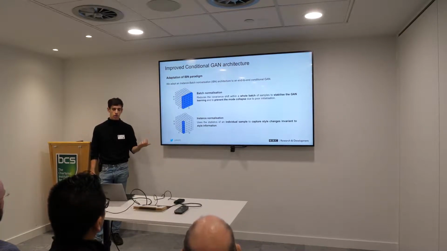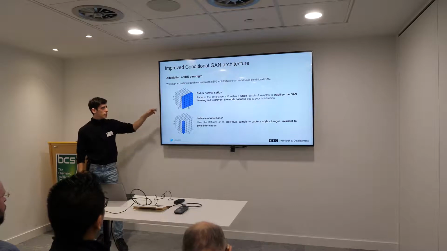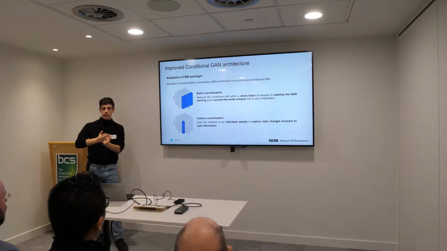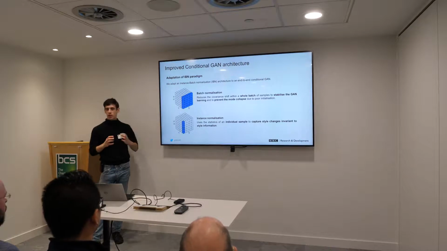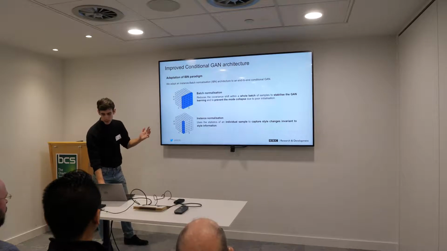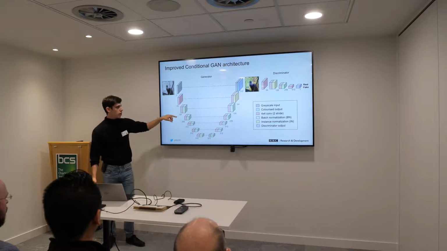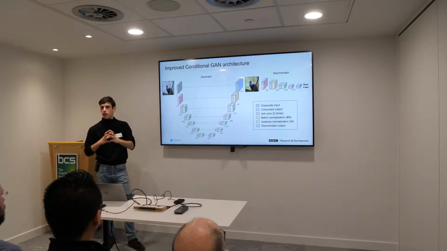So we apply batch normalization to stabilize the training, but we also apply instance normalization, in which instead of learning covariance in a batch of samples, we learn spatial patterns of one image in order to capture the style information of the image. We apply batch normalization as in the pix-to-pix model throughout the architecture, but we apply instance normalization in the part closer to the style content of the image, when the colors are assigned.